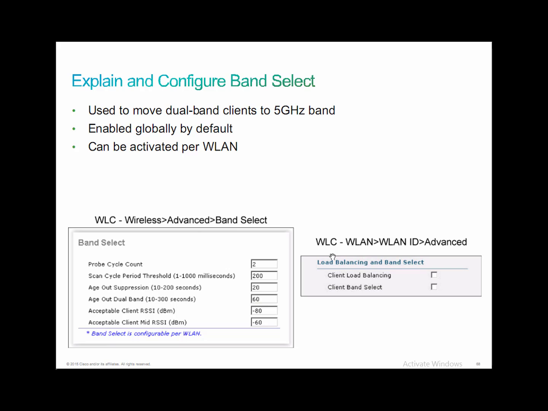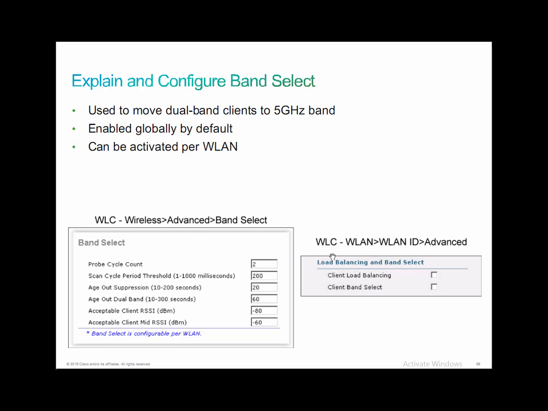Age out dual band. The AP will not respond to a 2.4 gigahertz probe until a dual band client is no longer marked as dual band, right? So that's going to prevent the clients that are associating on the 5 gigahertz radio from switching back to the 2.4 gigahertz radio if it in fact sees that information in the beacon.